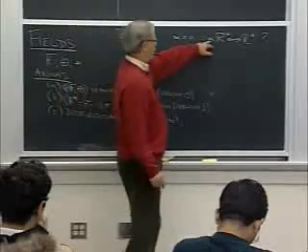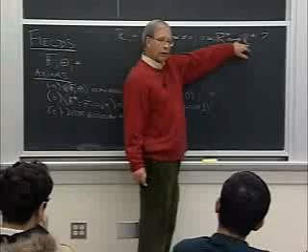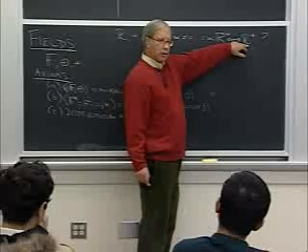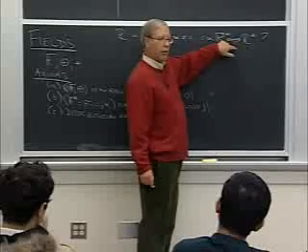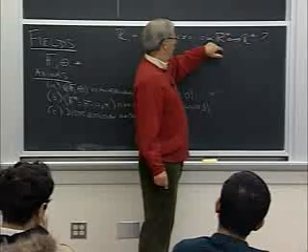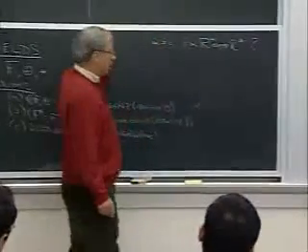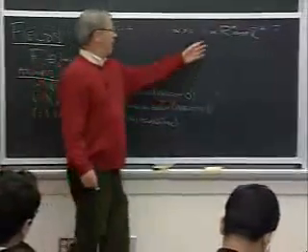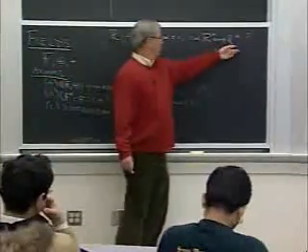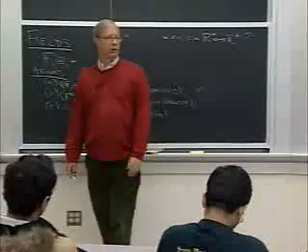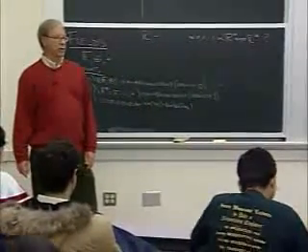Any non-zero number, if I multiply it by any non-zero number, I get a non-zero number. Is the correspondence 1-to-1? Yes, because I can divide out this number and get alpha. So alpha multiplying R star gives R star again, and this is a 1-to-1 correspondence.